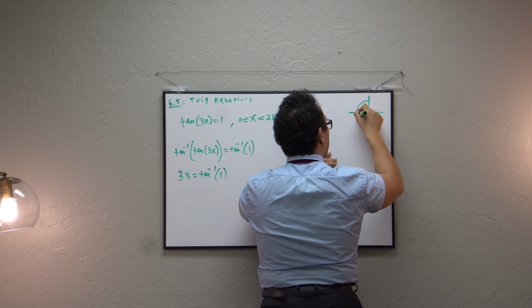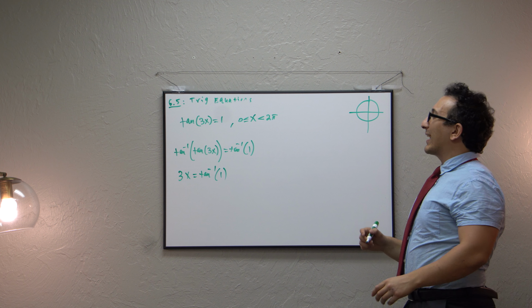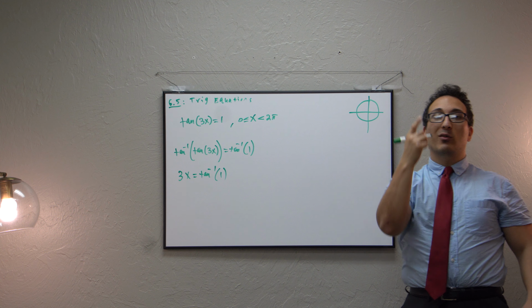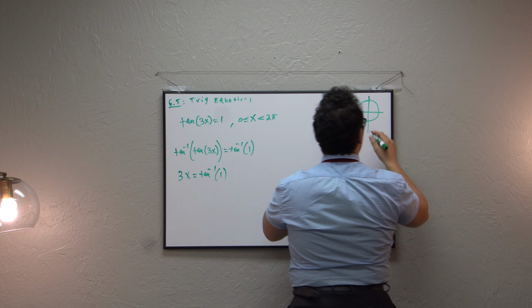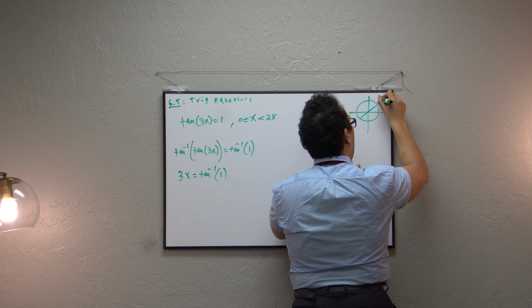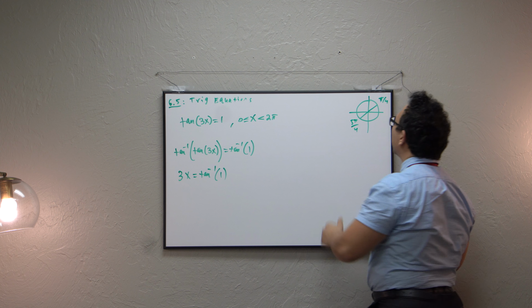Then we must determine what this is asking us. Well, it's asking at what angle the tangent function outputs the number 1. Those angles, plural, are precisely pi over 4 and 5 pi over 4. Why is that?